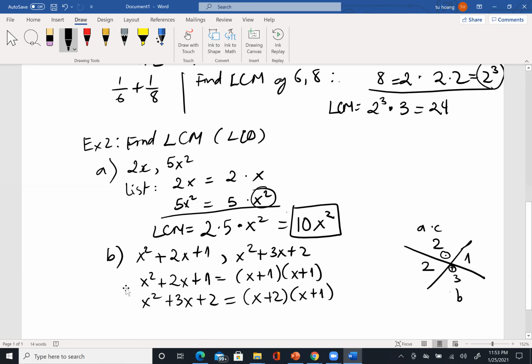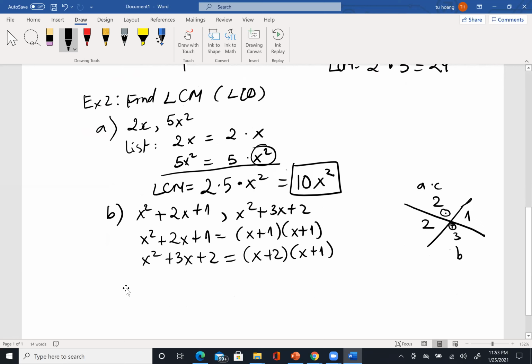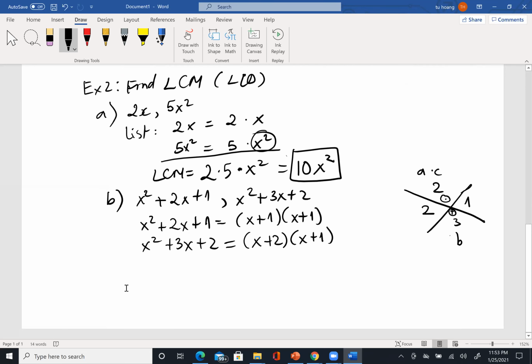Now we have the factors of each expression. What we need to do is find the LCM by listing out all the factors with the greatest number of times they appear.